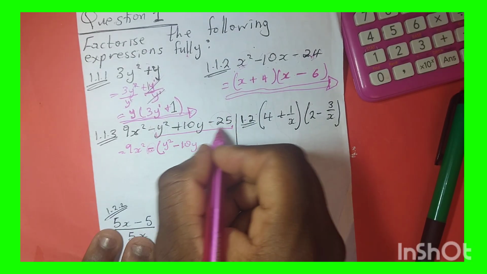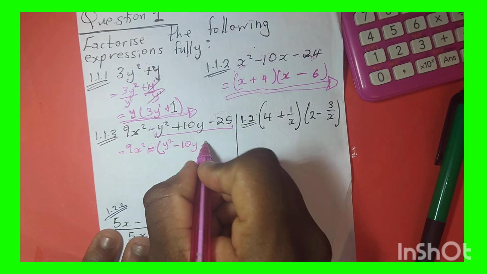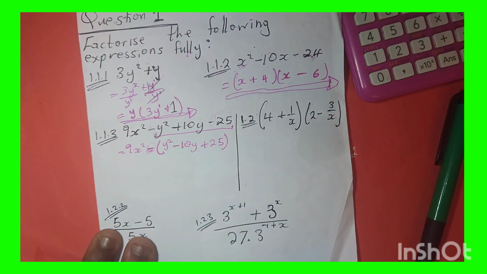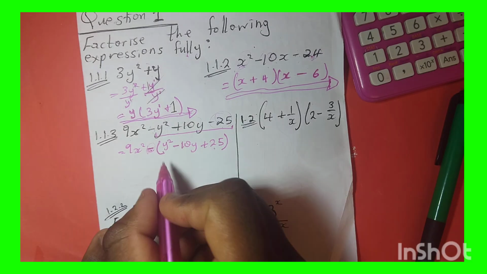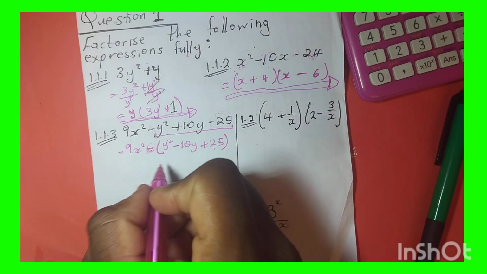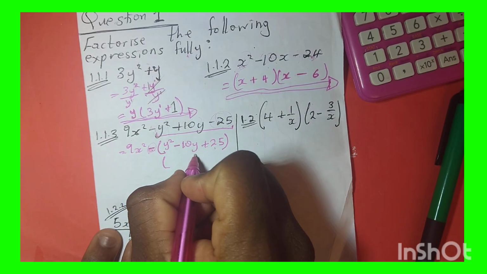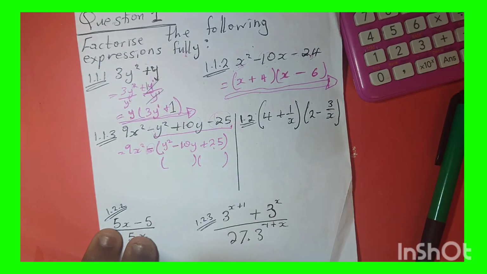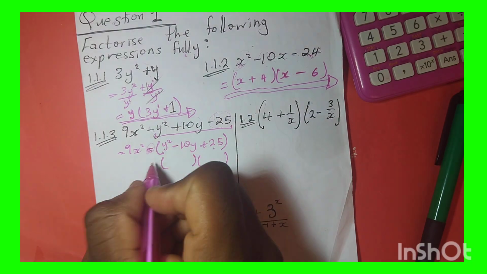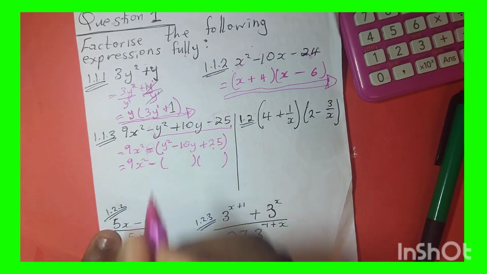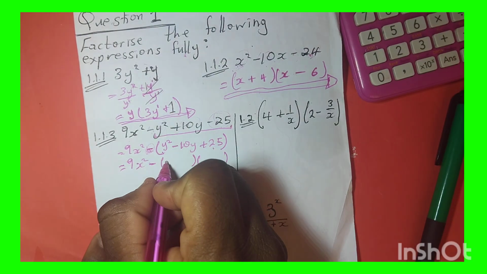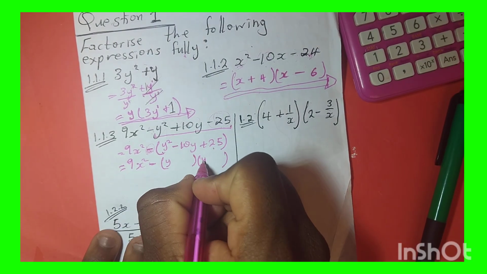Negative divided by that term, same sign, gives me positive 25. So now this one is a trinomial. I will simply open and close the bracket. That negative is still there, x² and 9, so that's why it's y².